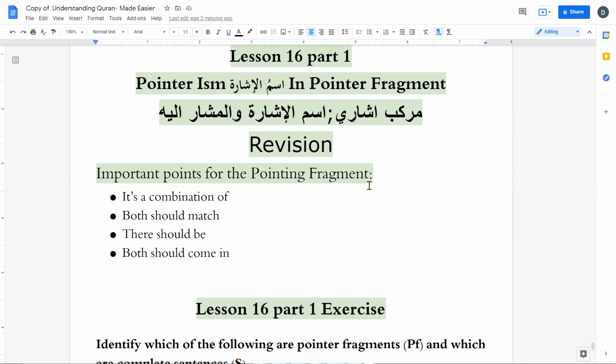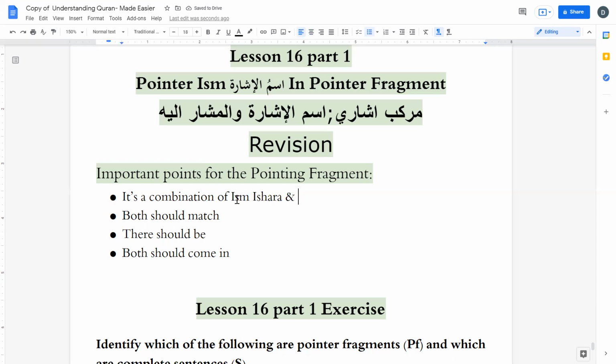We know that this fragment is the combination of two ism. The first being ism ishara. And we also know that ism ishara is a type of proper ism, ism marfa. So the important point for the pointing fragment is it's a combination of ism ishara and what?